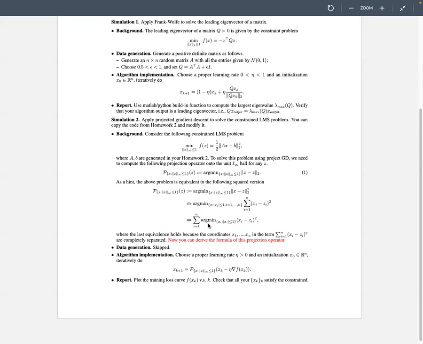And following this, you can derive a formula for this projection operator. Now this problem is simply a one-dimensional optimization problem. Right? Zi is given, and between -1 and 1, you are looking for a point xi that is closest to Zi. There's a closed form solution for this small optimization problem.